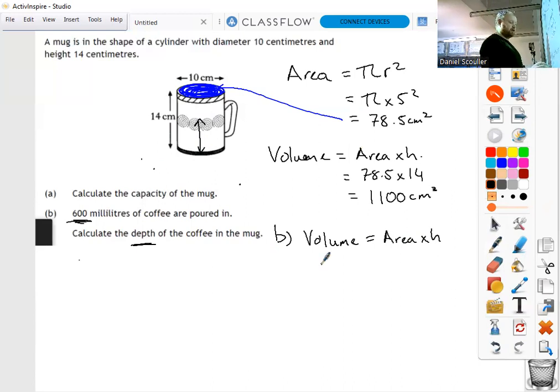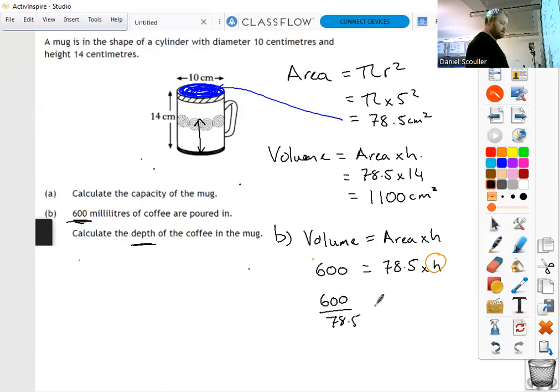So we're putting in all the information that we know. We're given a volume of 600. We've got an area of 78.5 and we're multiplying that by H. All we're doing is solving for that letter. So 600 divided by 78.5 is the height or the depth.